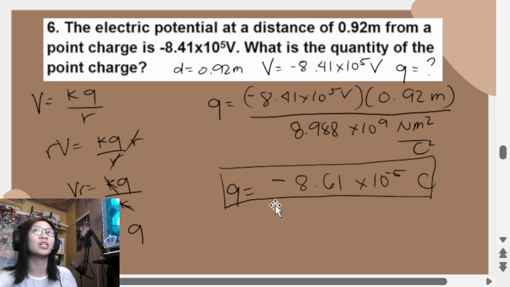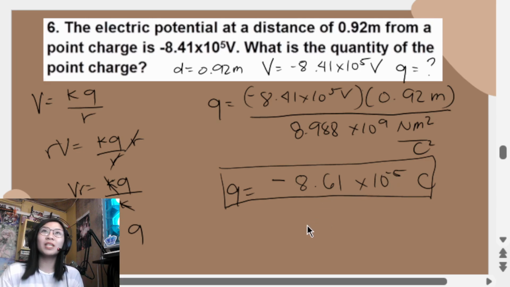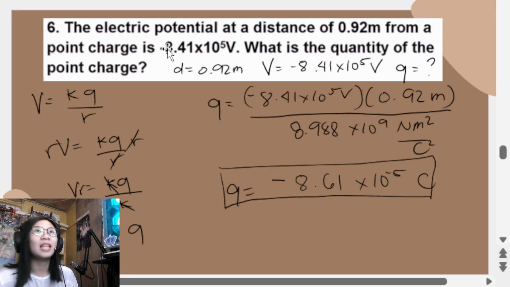So we have a charge of negative 8.61 times 10 raised to negative 5, which is predictable because the electric potential is negative. When your electric potential is negative, it means the charge present there is also negative.